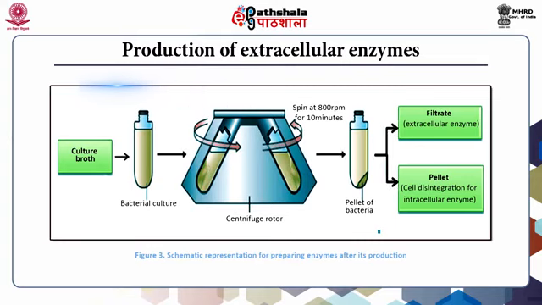The temperature is kept low during the centrifugation to prevent the enzyme from getting denatured. The microbial pellets so obtained after centrifugation may be further disintegrated to obtain any intracellular enzyme of interest. Generally, centrifugation is the most preferred method for recovering extracellular enzyme.